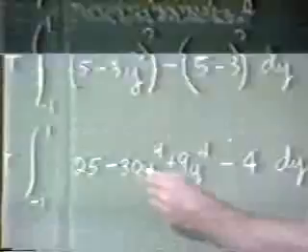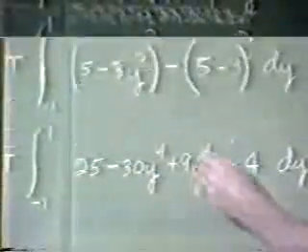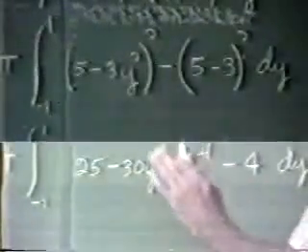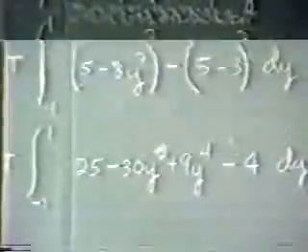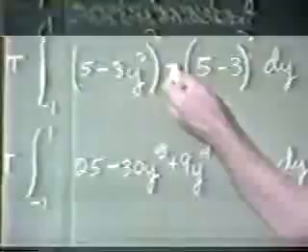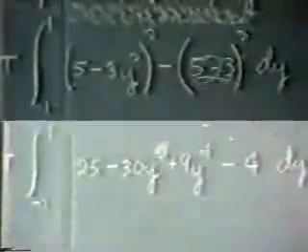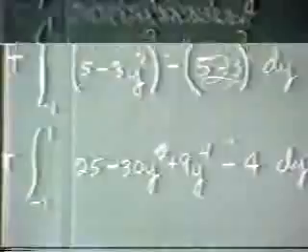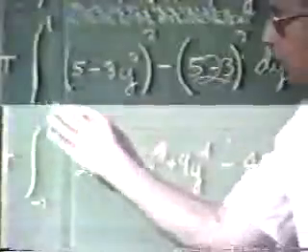All right, squaring this will then be 25 minus 30y squared plus 9y to the 4th. Okay. Then minus, this is 2, and 2 squared is 4. All right, that's times dy.